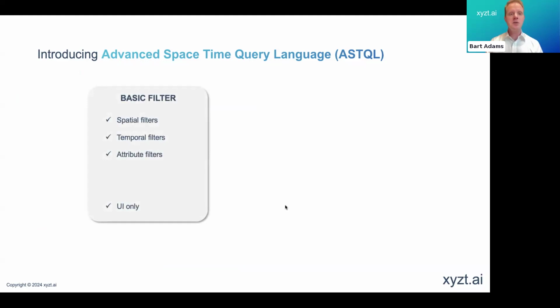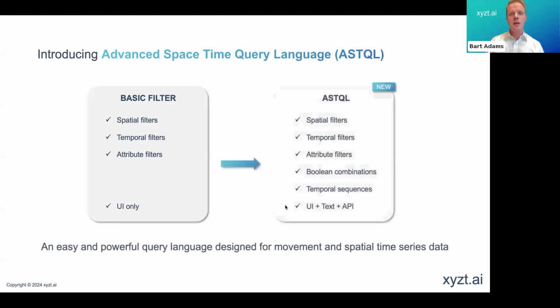Before we had this language, we already had some filtering and we changed the name of that filtering to basic filtering. It allows you to do combinations of spatial filters, temporal filters, attribute filters, but it's a UI only concept. So you have to click and put your filters in place. The new query language extends on this, and it also adds those more advanced filters and combinations with Booleans and temporal sequences.